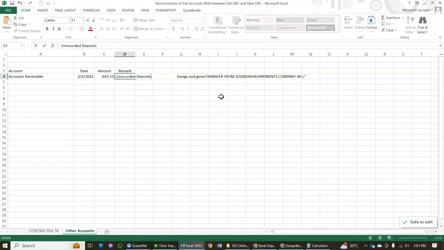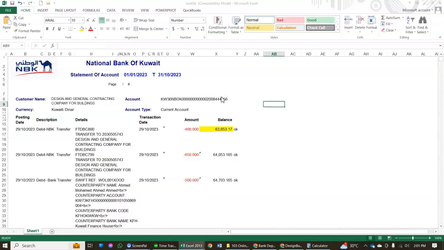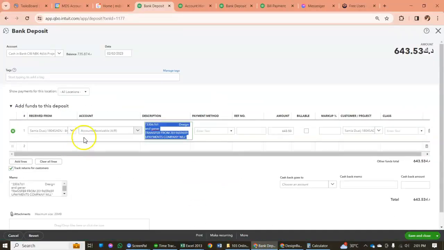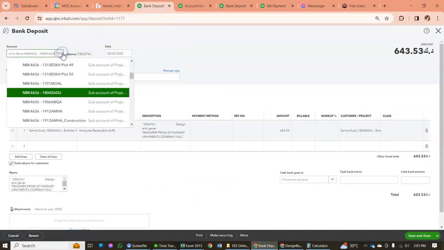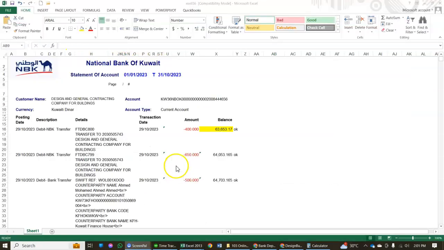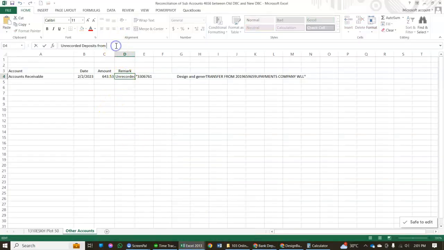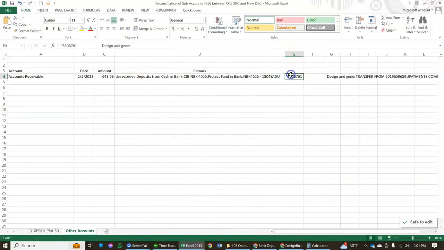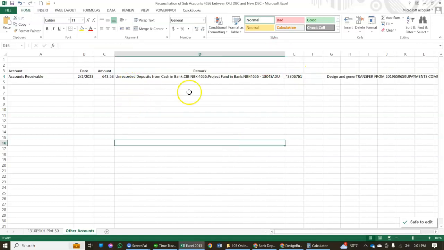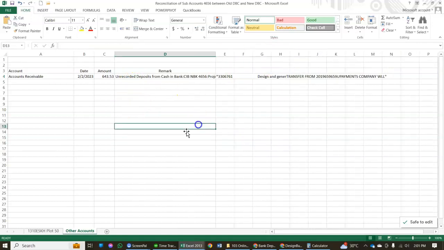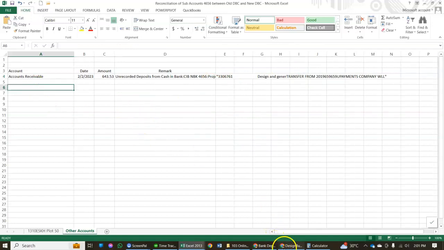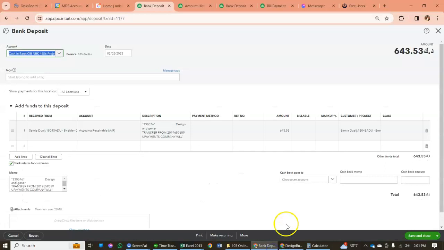Okay, unrecorded deposits from that project. Okay, so that's it. That is the remark. You do the same as for the others. So that's the difference.